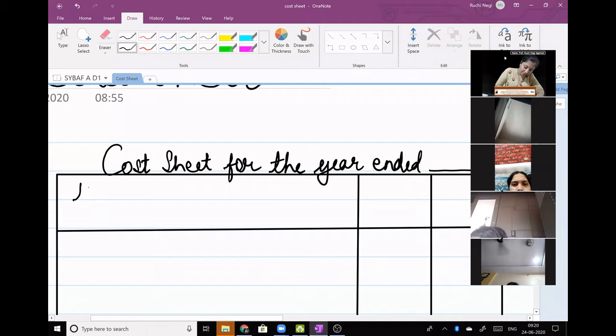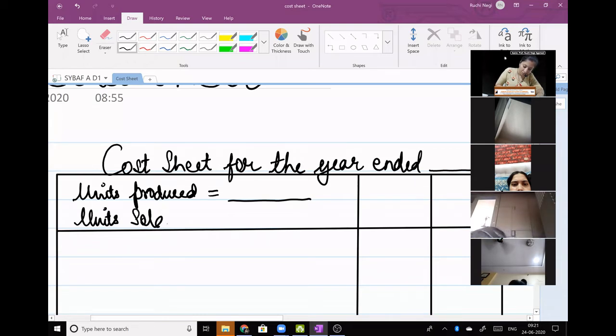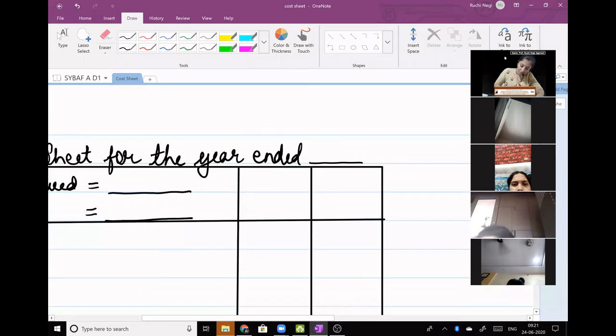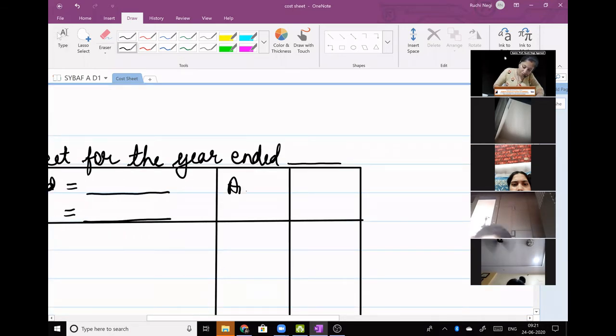Then units produced, then units sold, next amount, and the cost per unit column.